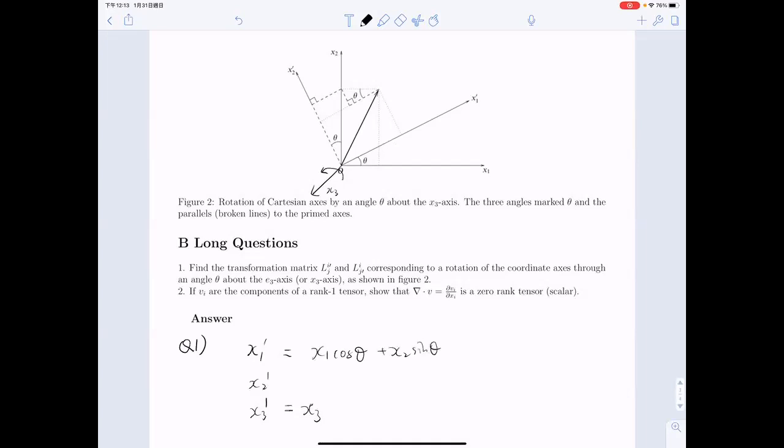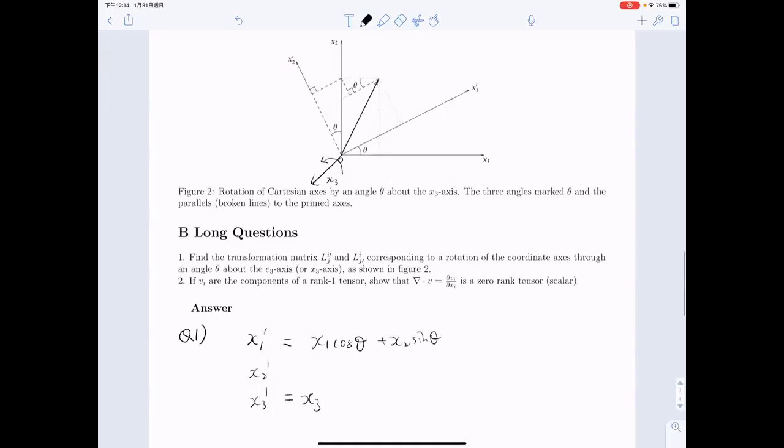It is very trivial: you just decompose a vector and represent it this way. The x2 component is x2 times sine theta, and here is x1 times cosine theta.